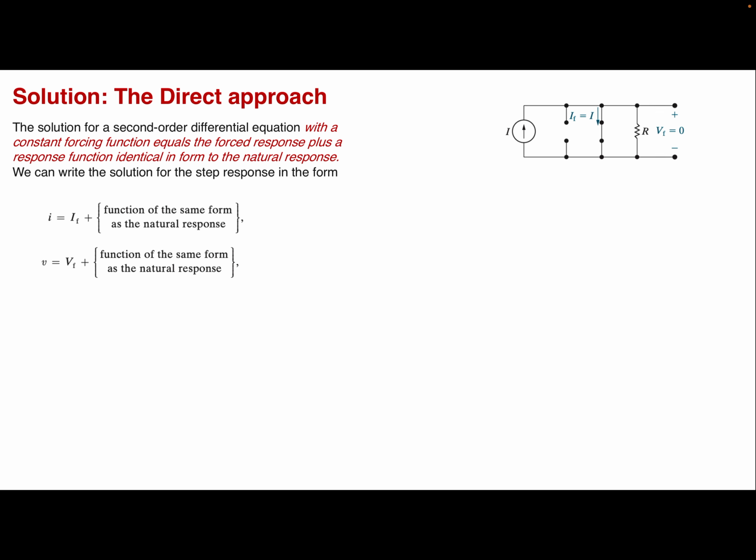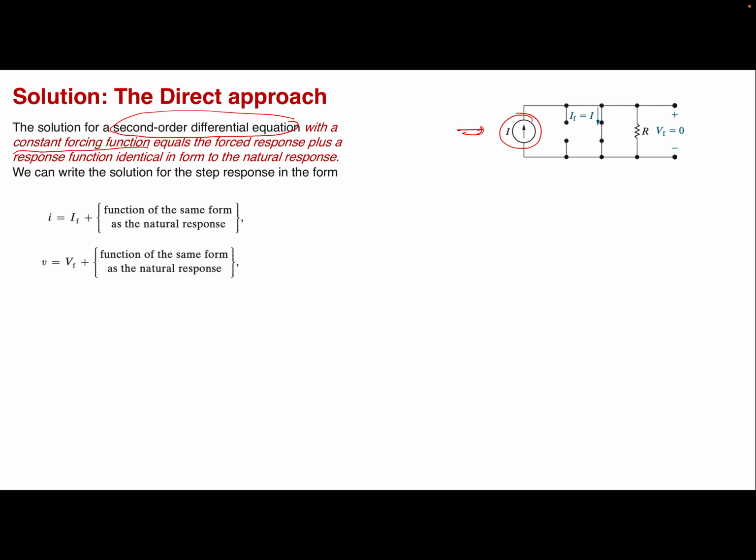That principle states that if you need to find a solution for a second order differential equation which has a constant forcing function, and the constant forcing function in this case is essentially your DC current source, that is a constant DC source that gets added at time t equals 0 and continuously provides energy to the inductor and capacitor till some steady state is reached. So that is a constant forcing function, right?